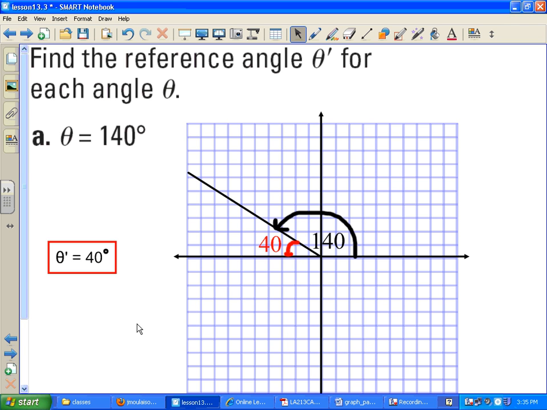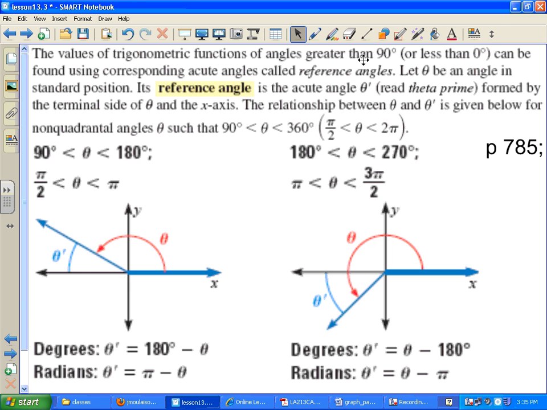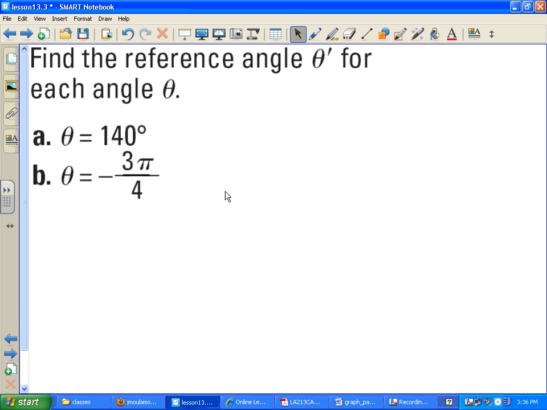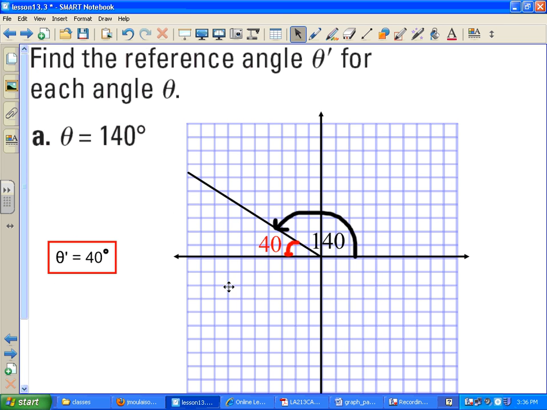I determine the reference angle as instructed back here. The reference angle is the acute angle formed by the terminal side of theta and the x-axis. The acute angle formed by the terminal side of the original angle theta and the x-axis.